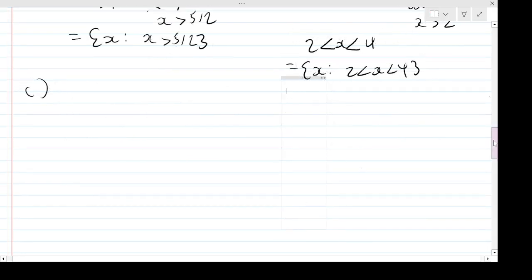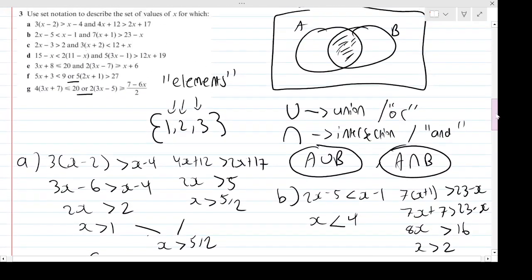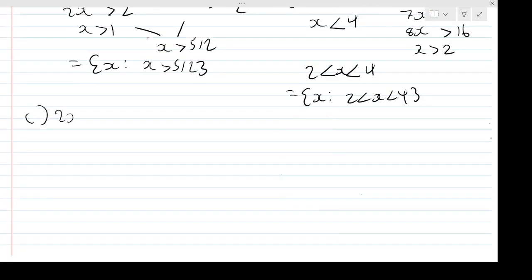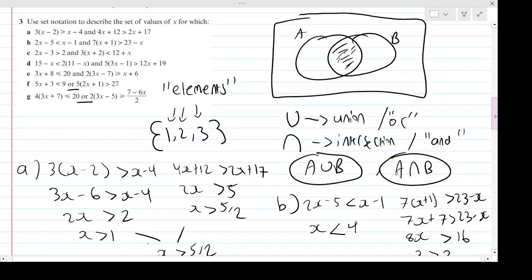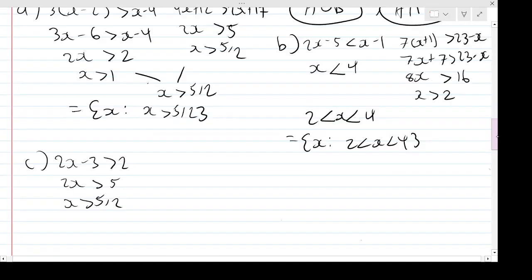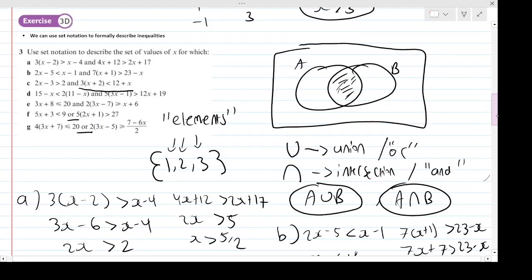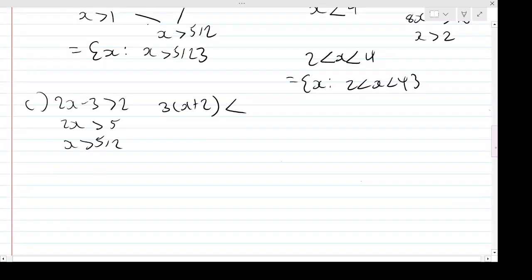Anyway, for part C then, it's saying 2x minus 3 is greater than 2. So let's solve that firstly. So 2x is greater than 5 if I move the 3. So x is greater than 5 over 2. Then the other inequality is 3 lots of x plus 2 is less than 12 plus x.